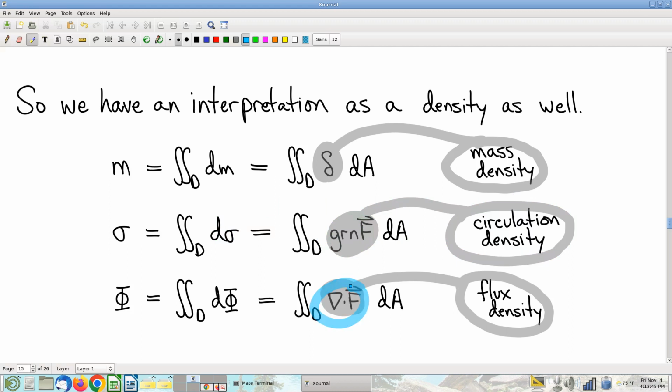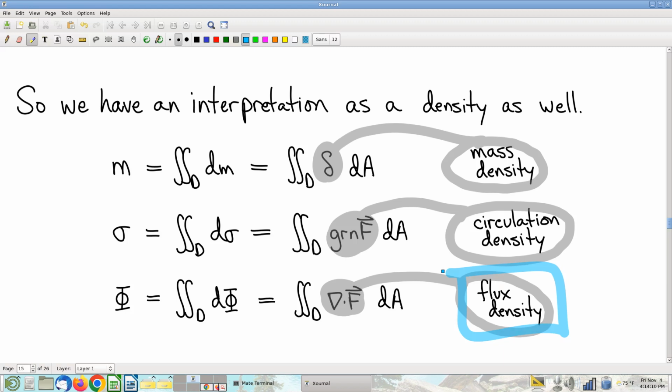divergence relates little pieces of flux to the corresponding area. That is the flux density. This is a really common term, by the way, in physics classes, and I suspect in engineering classes too, since physics and engineering are probably culturally similar.